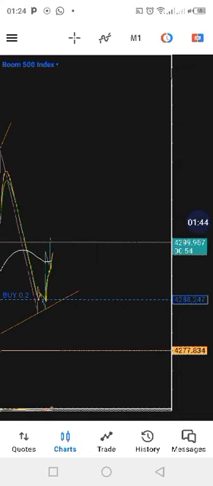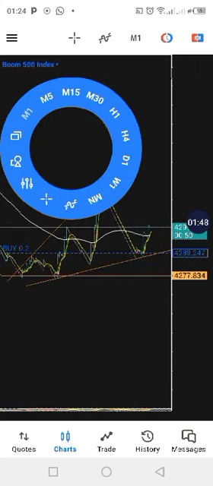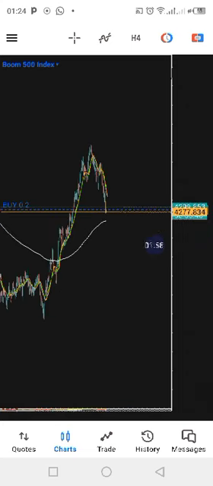So when you want to trade like this, first of all, you go to your 4-hour time frame so that you determine the trend. As you can see, the trend was already an uptrend, because this white moving average is the 200 EMA, the 200 exponential moving average.